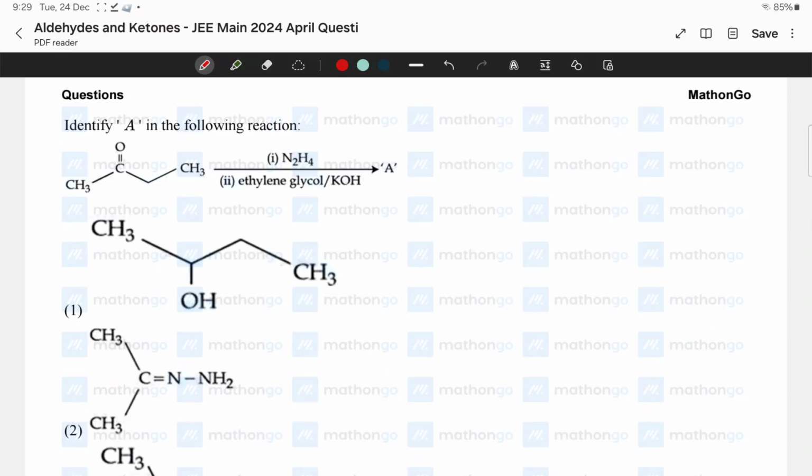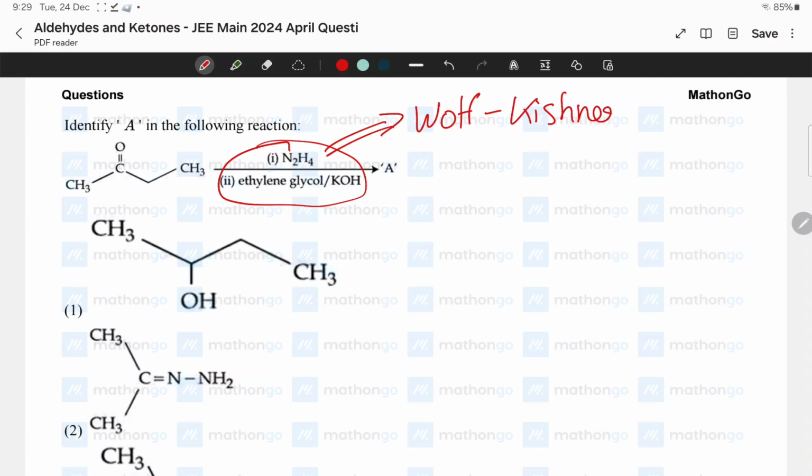Now identify A in the following reaction. N2H4, ethylene glycol and KOH. This reaction is that of Wolff-Kishner reduction. What happens in Wolff-Kishner reduction?